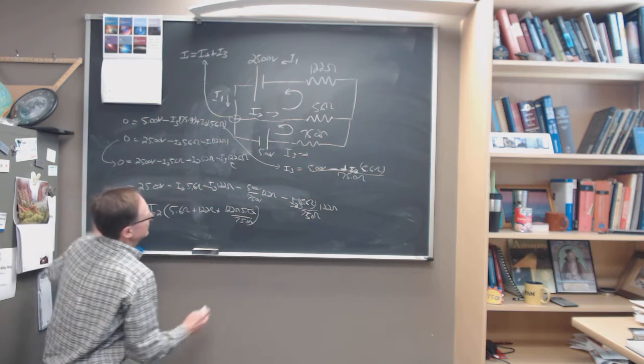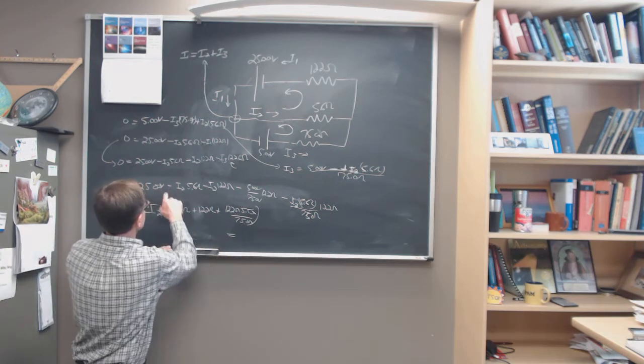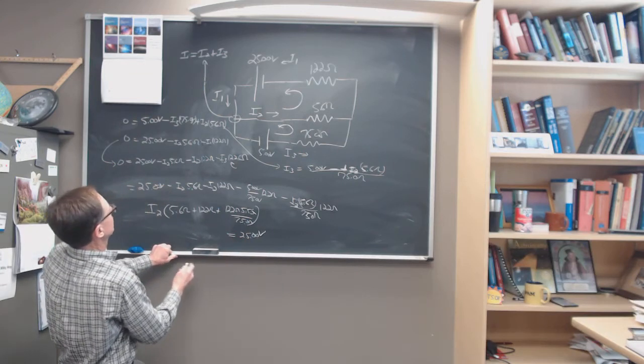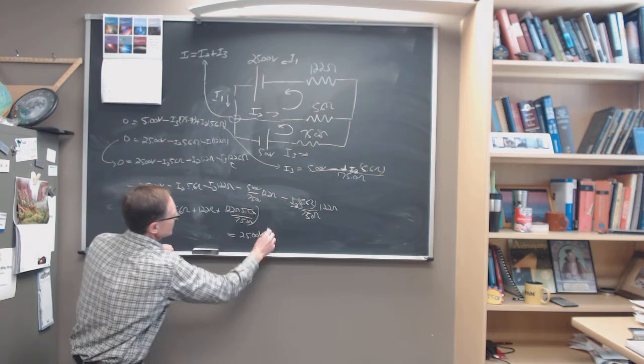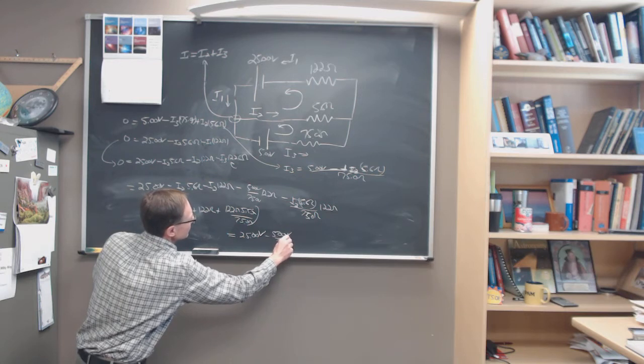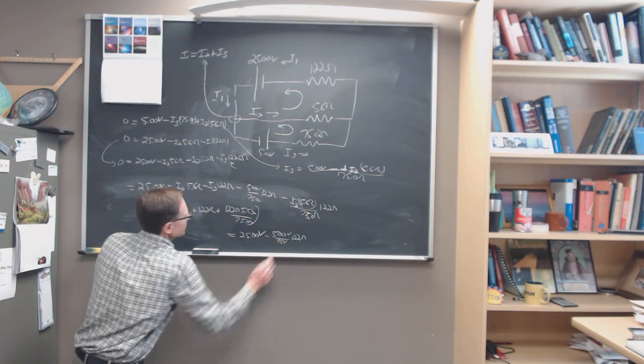All of that is equal to what's left over on the other side, which is 25 volts minus 5 volts over 75 ohms times 122 ohms.